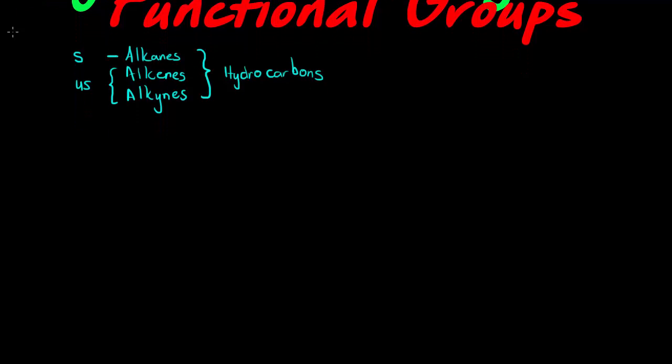In this one I want to look at two more groups. The first one are called the halo-alkanes. So a halo-alkane is an alkane. It's got an alkane structure, which means it's got single carbon bonds.